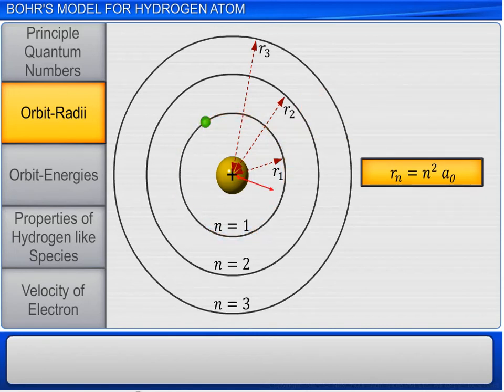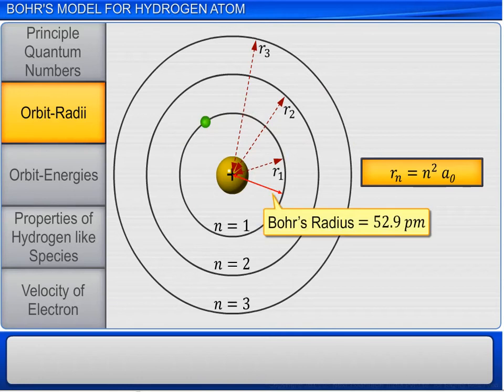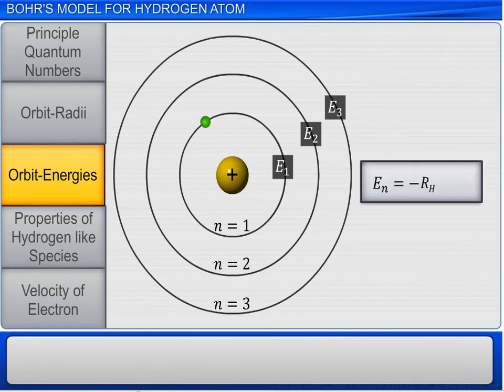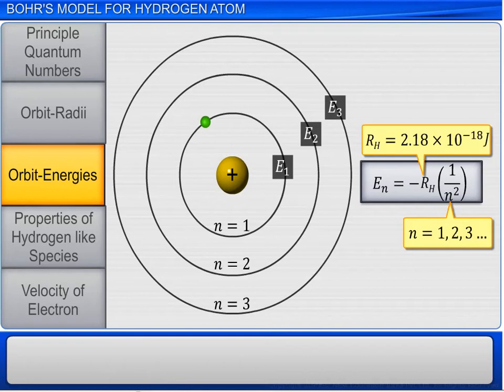The energy of a stationary state or orbit is given by the equation: energy of the nth orbit, En, is equal to minus RH multiplied by 1 divided by n squared, where n is the principal quantum number of the orbit and RH is Rydberg's constant, whose value is 2.18 multiplied by 10 raised to the power minus 18 joules.